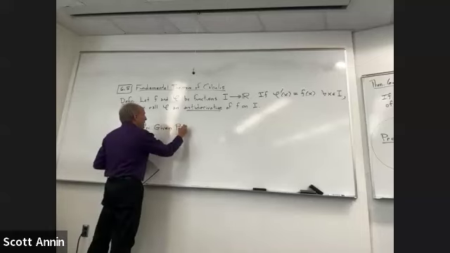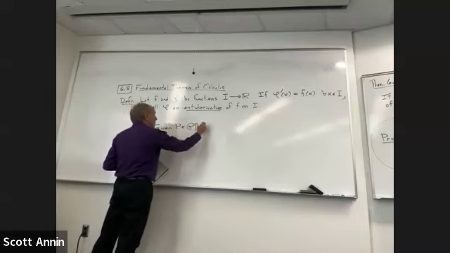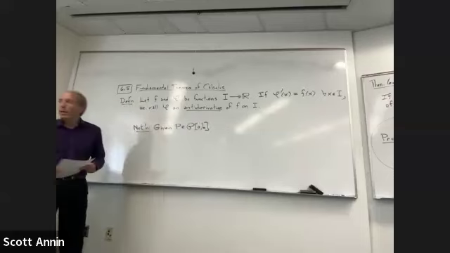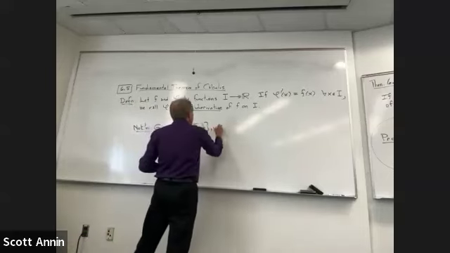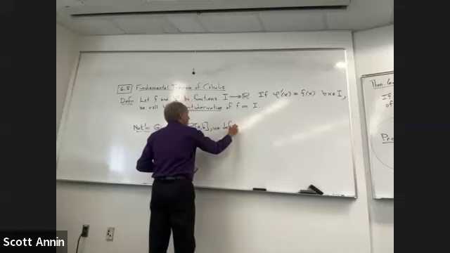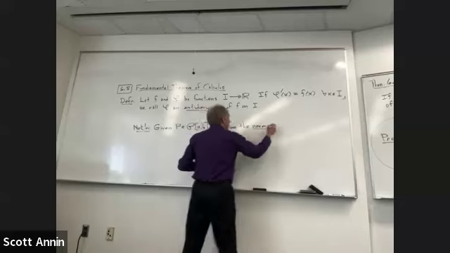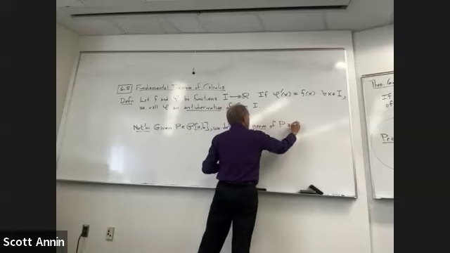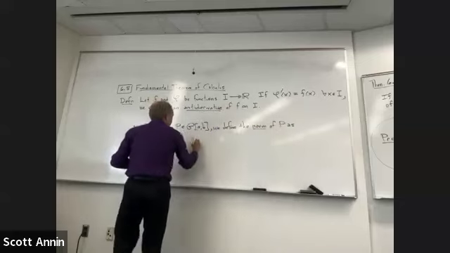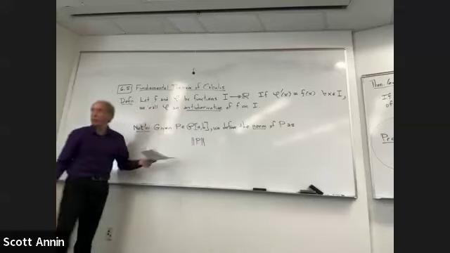Given a partition P, which is in the list of partitions, we can define the norm of P as the following thing. And so it's put in these double absolute value bars, this is what you're talking about, right?